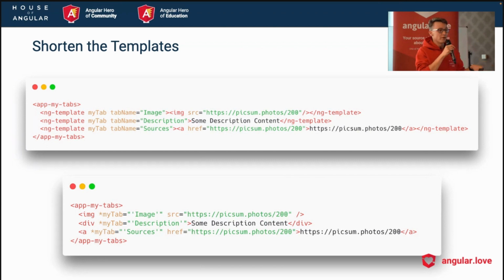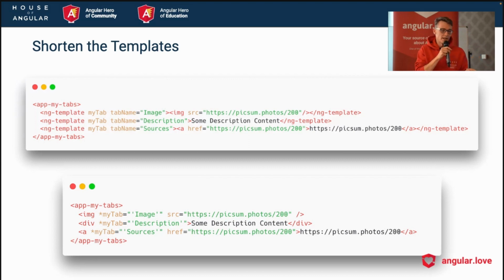Now we have our content with our directive, and we simply got rid of this ng template part, and it can be passed like this, and every tab name is passed to the directive name.